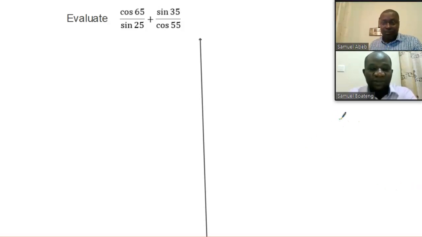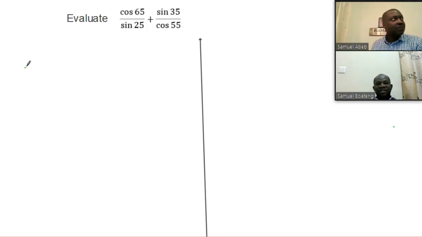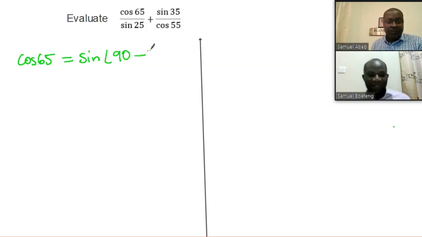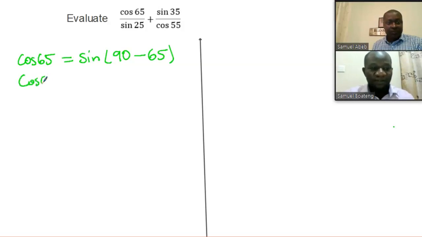When you talk of complement, cos 65 is equal to sine, this ratio will change, sine of bracket open 90 minus 65, and which is equal to sine 25.